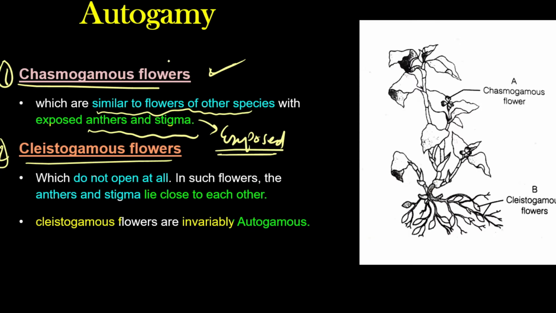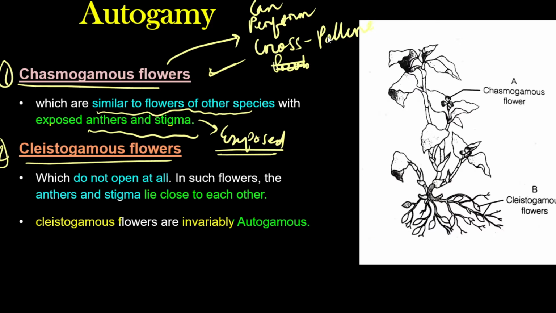That means there is a most probable chance that this flower can perform cross pollination. There is a most probable chance. Cross pollination.